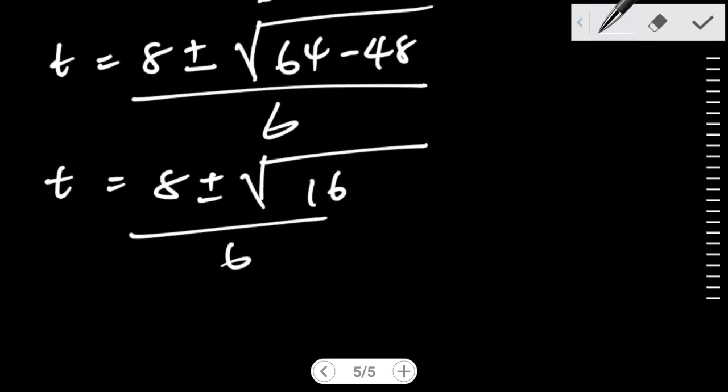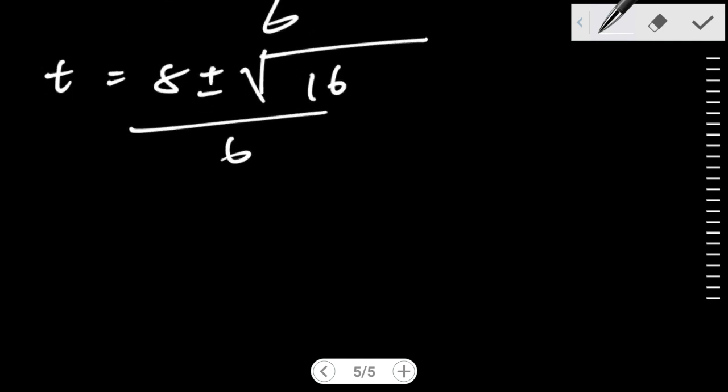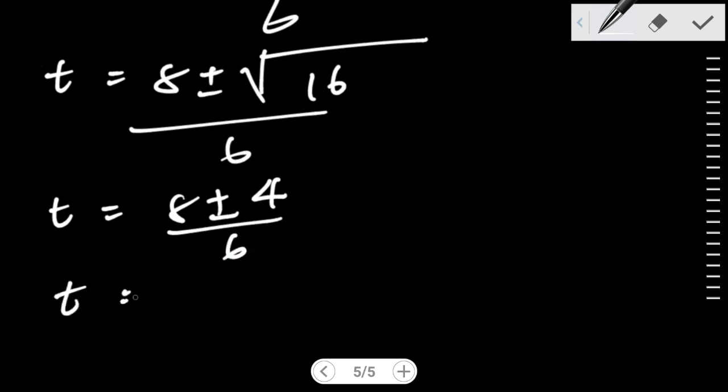But I know I can get the root of 16, so t would be equal to 8 plus or minus 4 all over 6, of which I can divide through by 2: 4 plus or minus 2 all over 3.